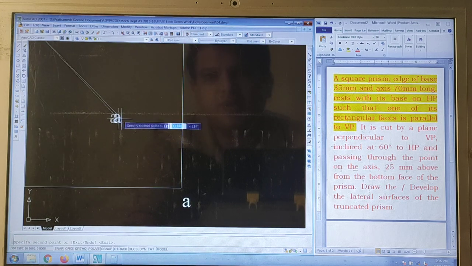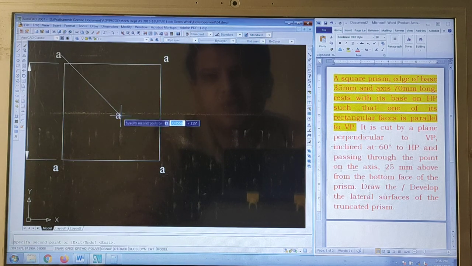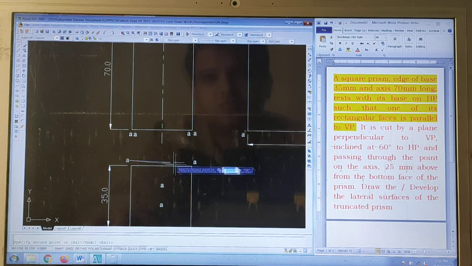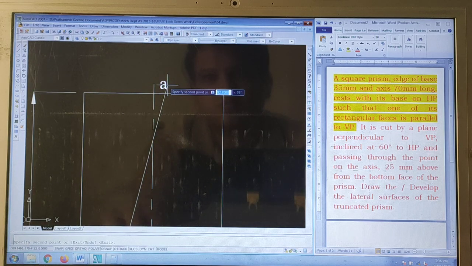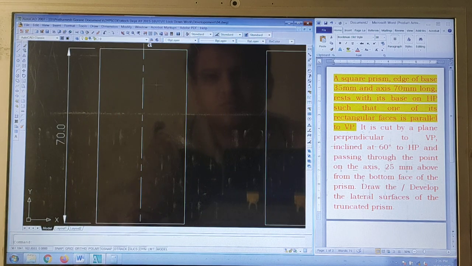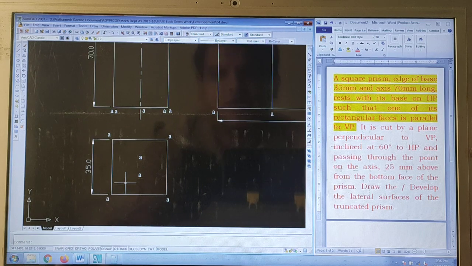And here the axis will be there, so let us mark that too. Let us edit now.